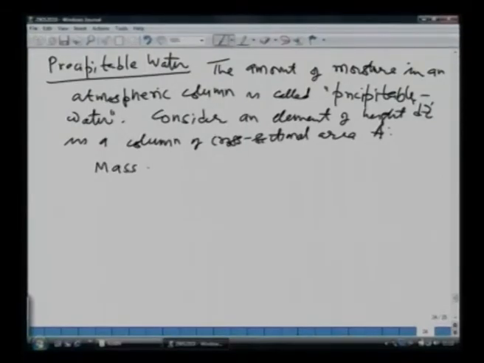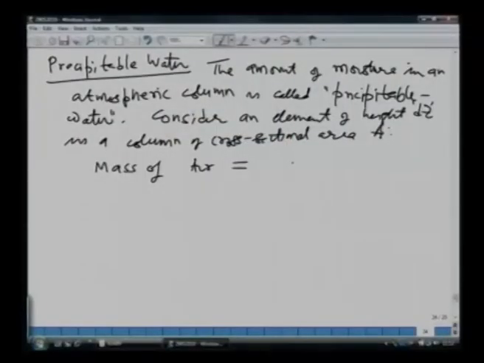All right. So, what will be the mass of air in the strip of height dz in that atmospheric column? The mass of air would be what? The volume of that particular element multiplied by the density of air. Density multiplied by the volume is the mass.